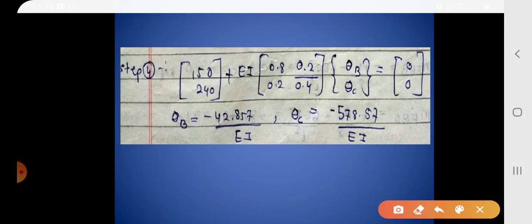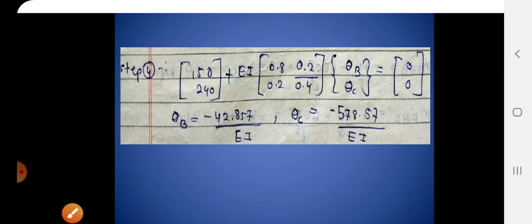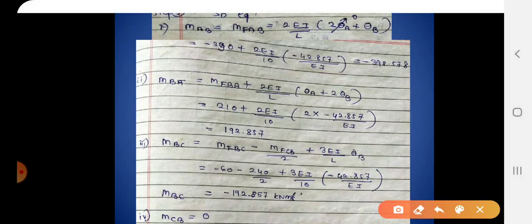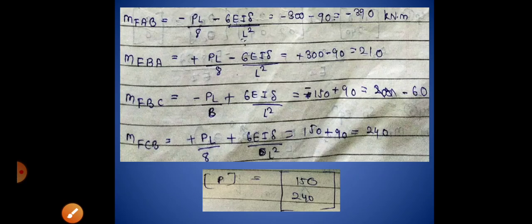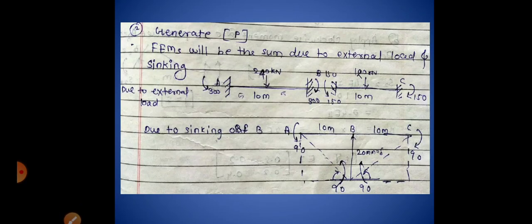Now go to step 4, that is the stiffness equation: P plus S delta equal to 0. The PD matrix is 0, with theta B and theta C. Now we will go one by one with the slope deflection equation. First we have to concentrate on the diagram. What are the support conditions?